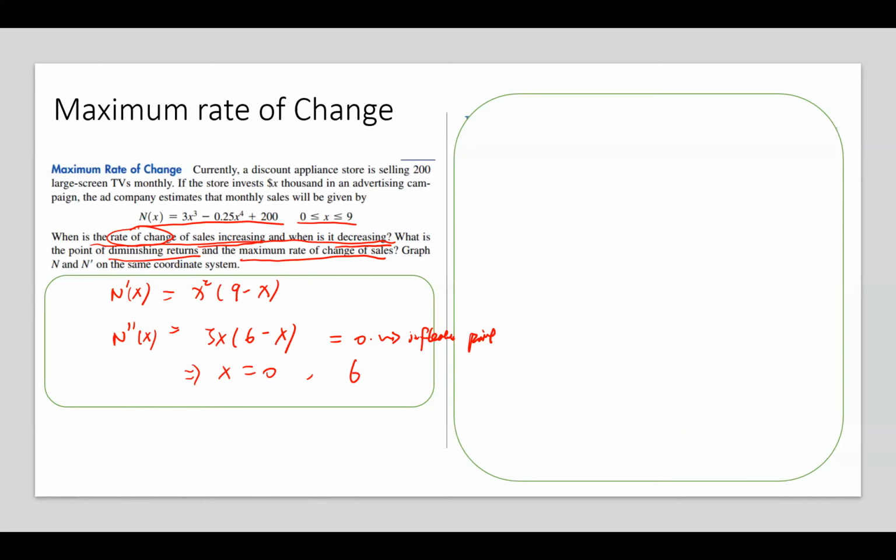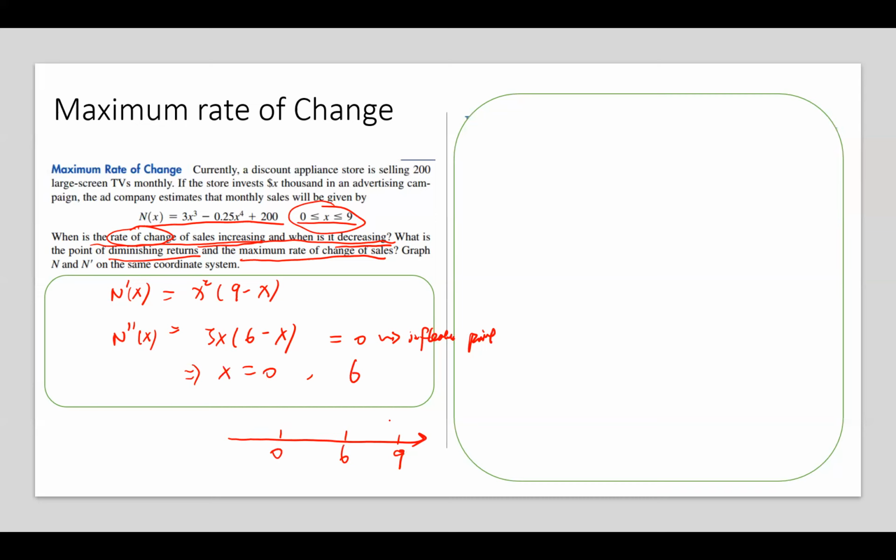These are the two critical points. We can draw a graph with these two points, 0 and 6, and pay attention to the domain here. We can draw 9 as well, because it's the end of the interval.